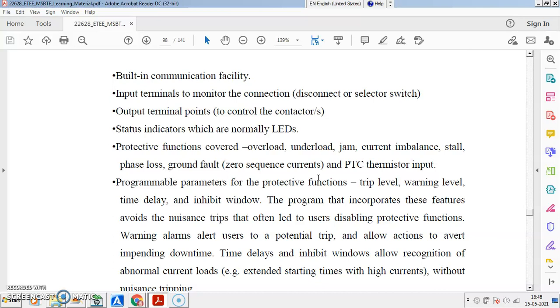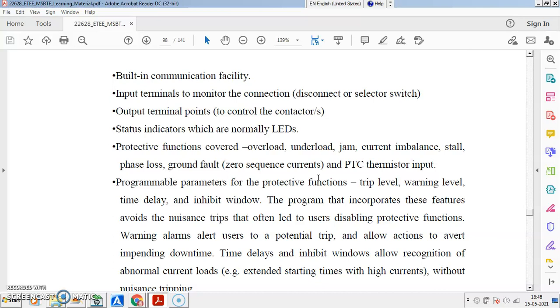Warning alarms are used to give the alert to the users, of a potential trip, and allow actions to avoid the impending downtime.